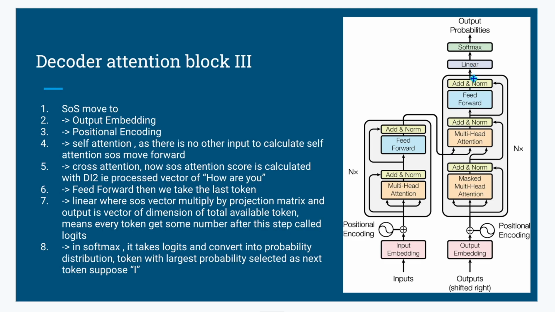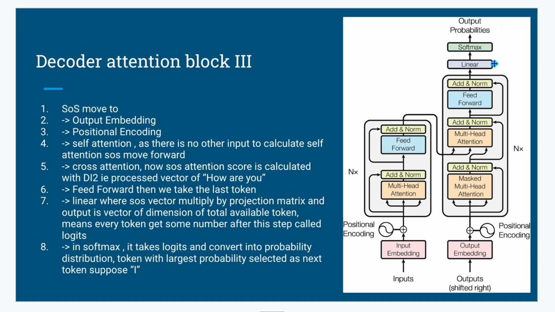This SOS vector is now multiplied with the matrix that we call the projection matrix. The output is a multi-dimensional array of length equal to the total number of tokens. Suppose this model has a total of 30,000 tokens. This is the total number of tokens available for this model, and from that only it is going to predict.